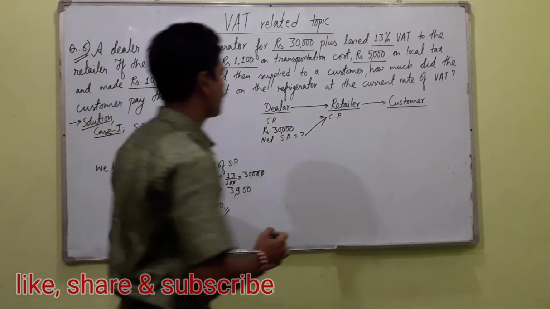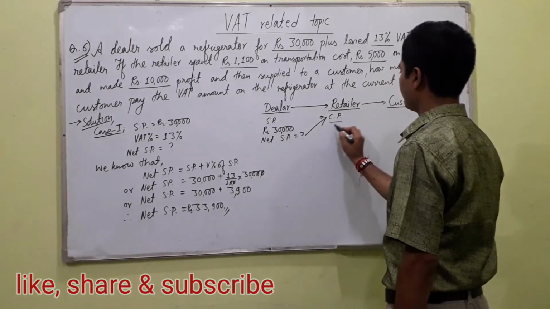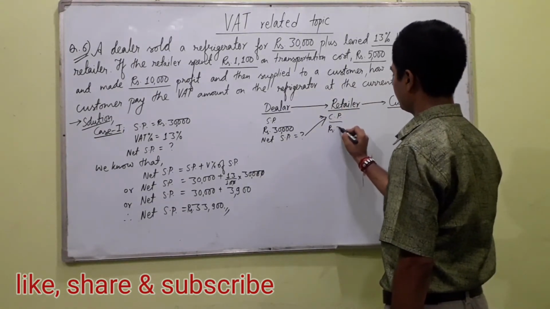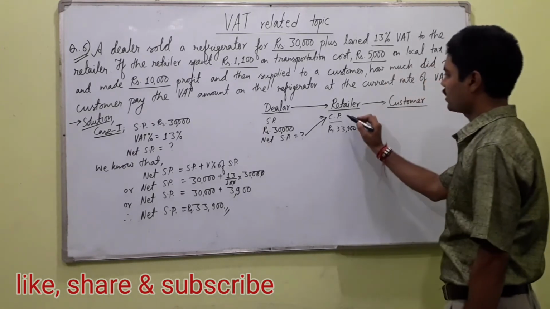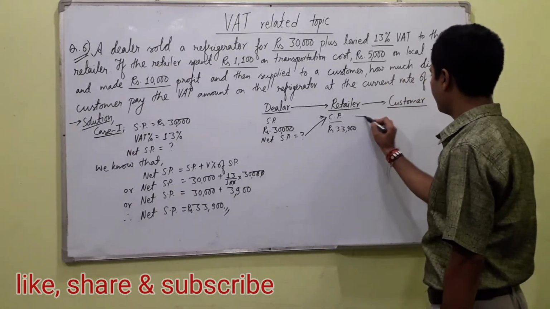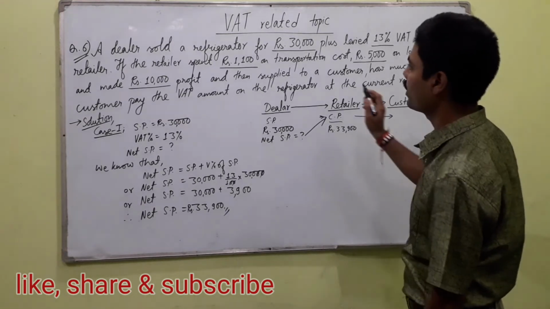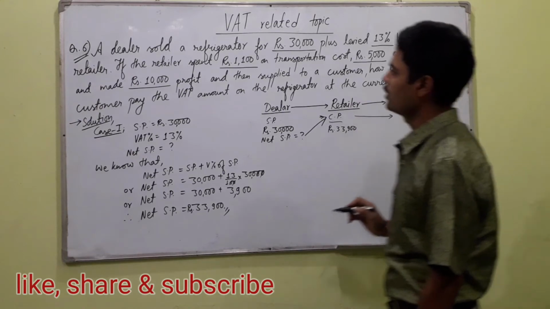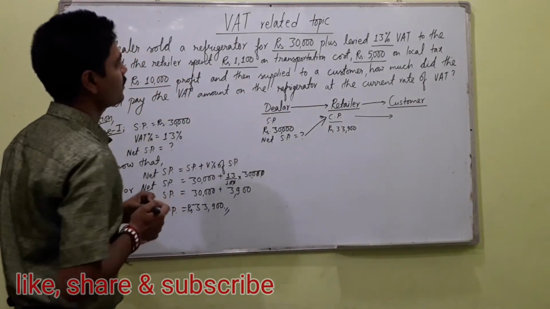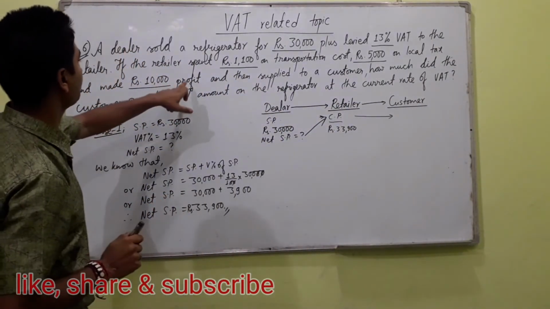Now, after knowing the cost price for the retailer, that is rupees 33,900, this becomes the cost price for the retailer, and now the retailer is going to sell it to the customer. But there are some extra charges on the refrigerator.